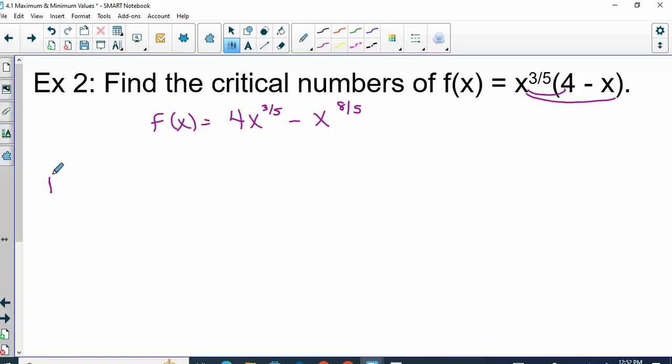So then the derivative. Exponent comes down. So 4 times 3/5 is 12 fifths x to the, what's 3/5 minus 1? Minus 8 fifths x to the.